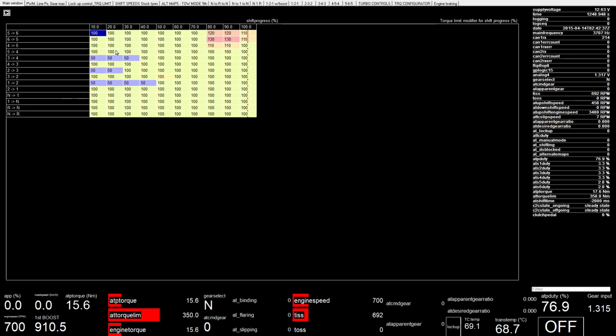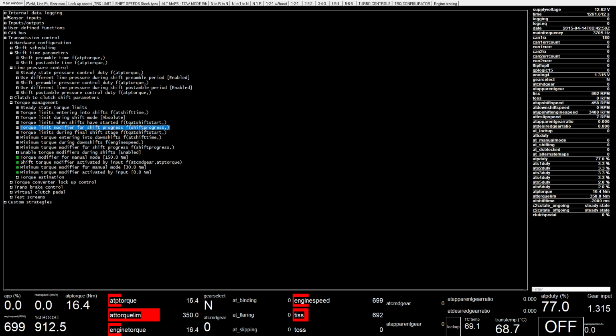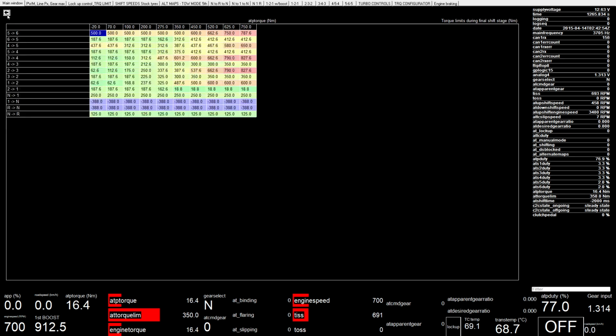And then we can modify at what percentage we have this limiting the torque management, or how much it's limiting the engine torque based on where in the percentage of the shift the limiting is occurring. And then after the shift is finished, what kind of limitations do we have?